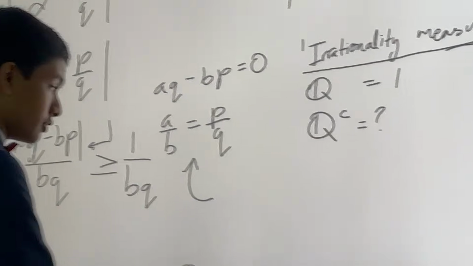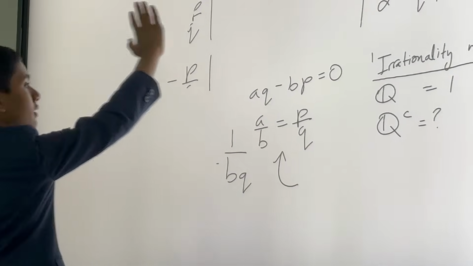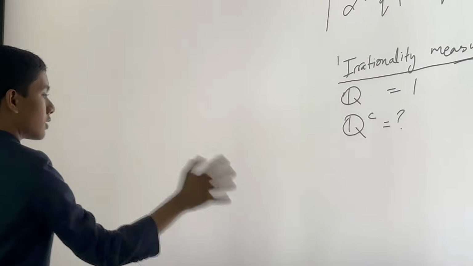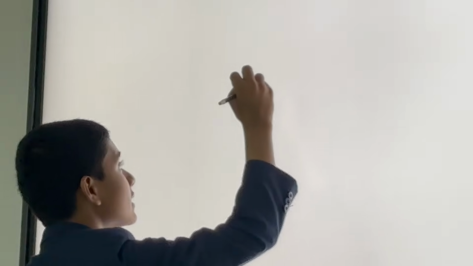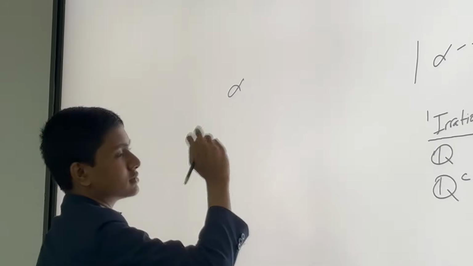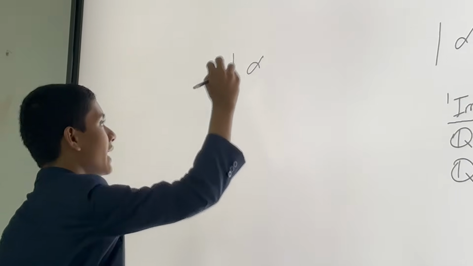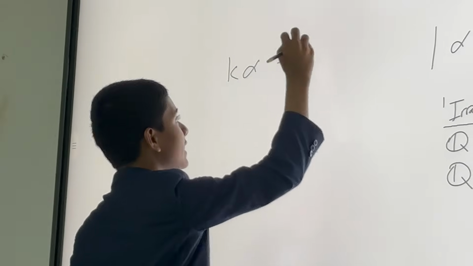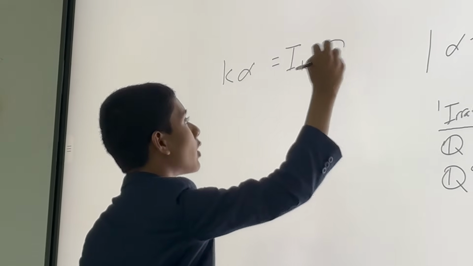Well, here's what we can do. Now, if I take an irrational number, let's call it alpha, that's not a very creative symbol, and multiply it by any number, k, it's always going to have an integer part and a decimal part.